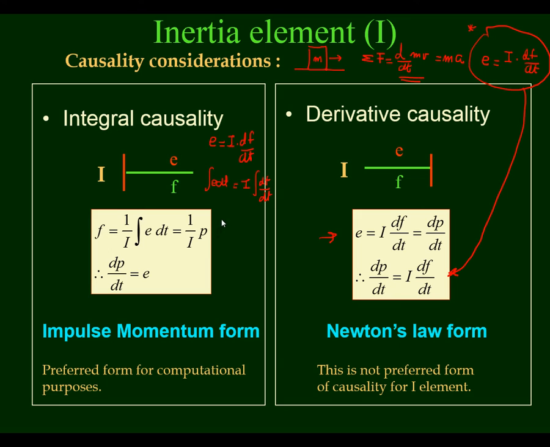So it's very obvious. You can write down that this is 1 over I times the integral of e dt. This is equal to f. This is the same thing as this equation.